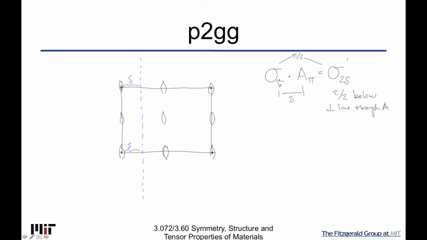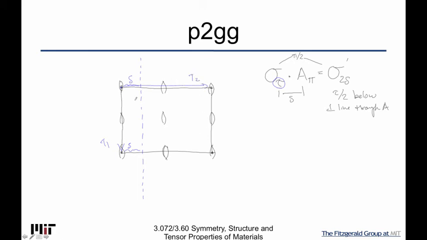Now remember, let's think about what tau is, right? Well, if I set this up like this, tau is going to be half of this direction. So let's say we pick this as t1 and this is t2 in a right-handed coordinate system.